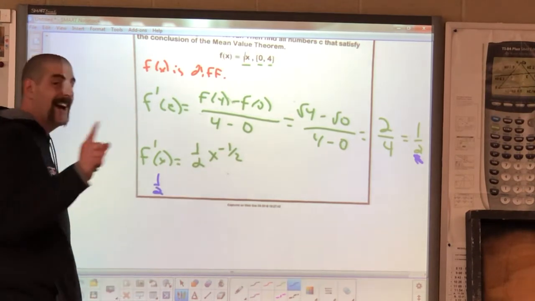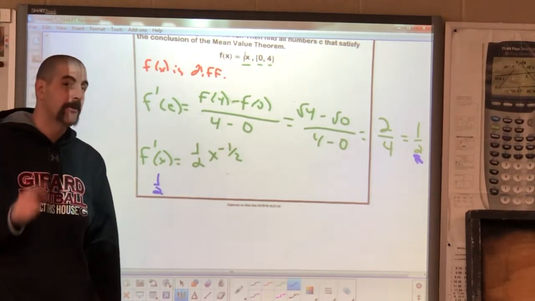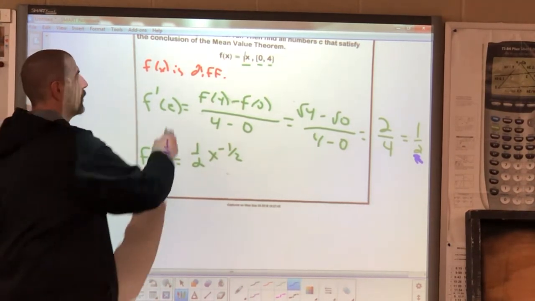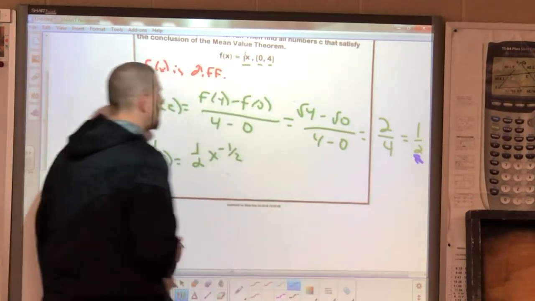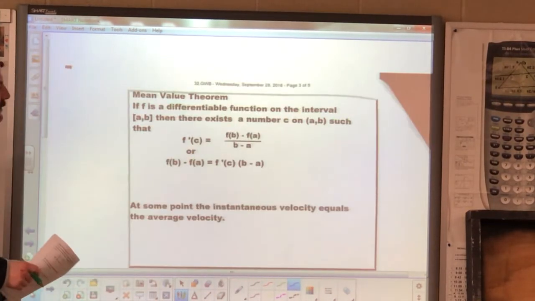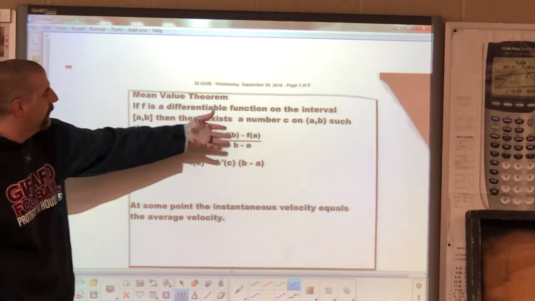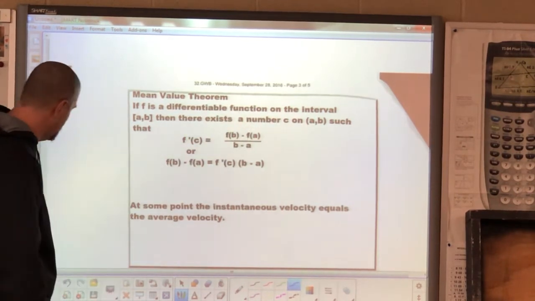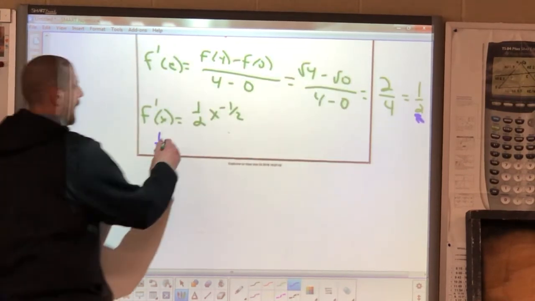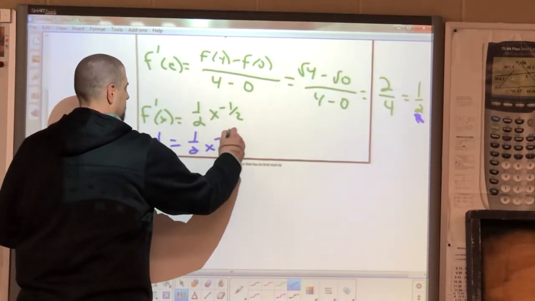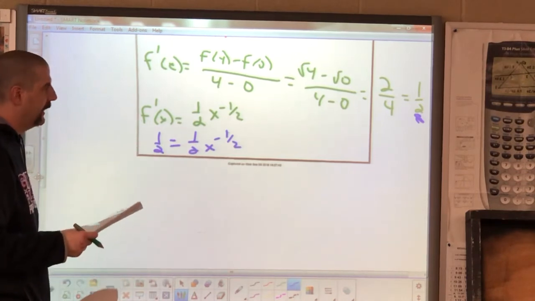This is one of the rare times in chapter 3 you don't set the derivative equal to 0. You're going to set the derivative equal to f prime of c, because it is f prime at c, so we have to find that c. It's in the definition. So we take 1/2 equals 1/2 x to the negative 1/2.